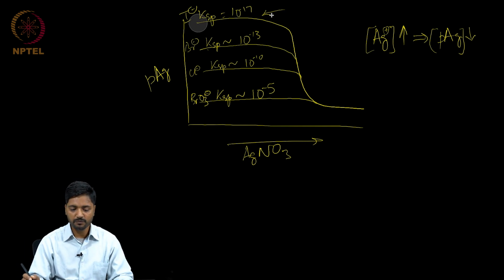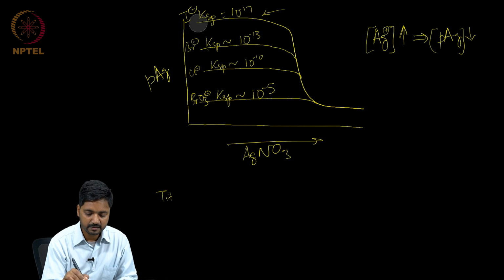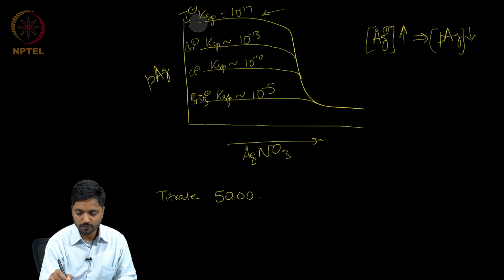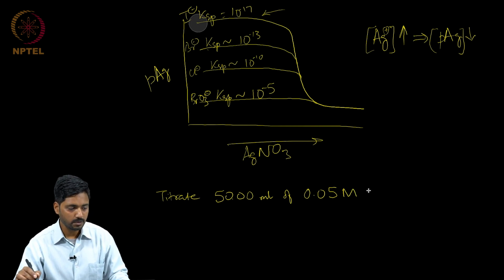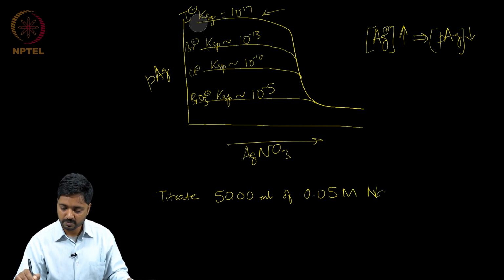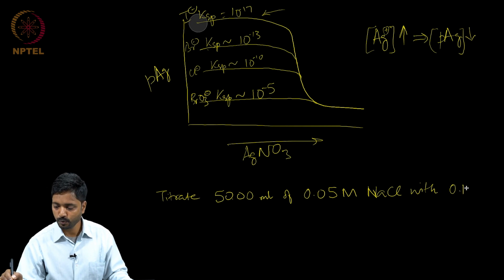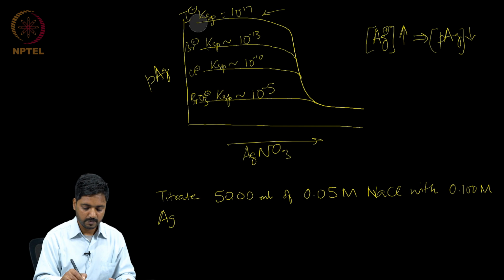So, let us quickly take an example where we titrate 50 ml of 0.05 molar sodium chloride with 0.1 molar silver nitrate solution.